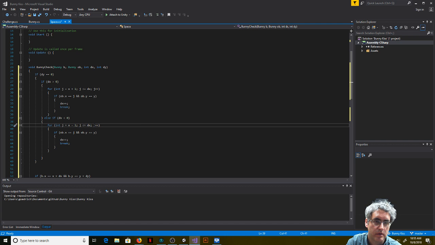Minus 1. J is greater than or equal to, not dx. Oh, before I copy and paste, let's fix it, right? This is my delta x, so it's like x plus dx.